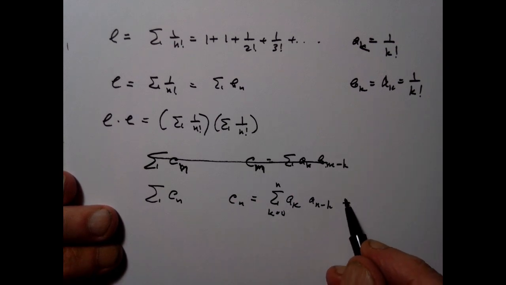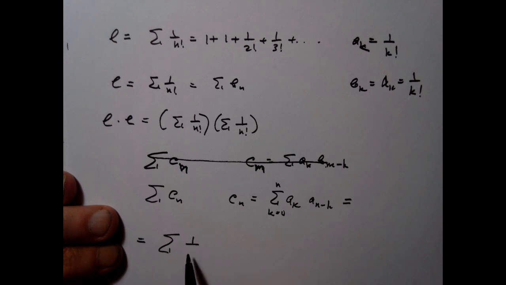So this is equal to the sum of 1 over k factorial times 1 over n minus k factorial.